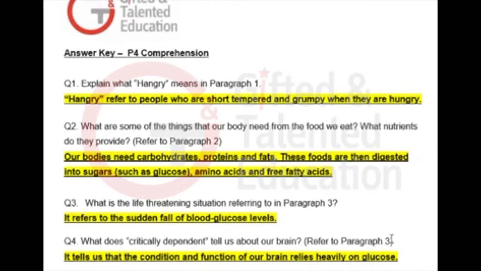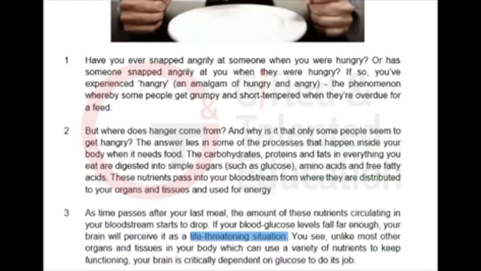In question 4, what does critically dependent tell us about our brain? Let's go back to paragraph 3. Here, can you find the keyword? Critically dependent. What is critically dependent?